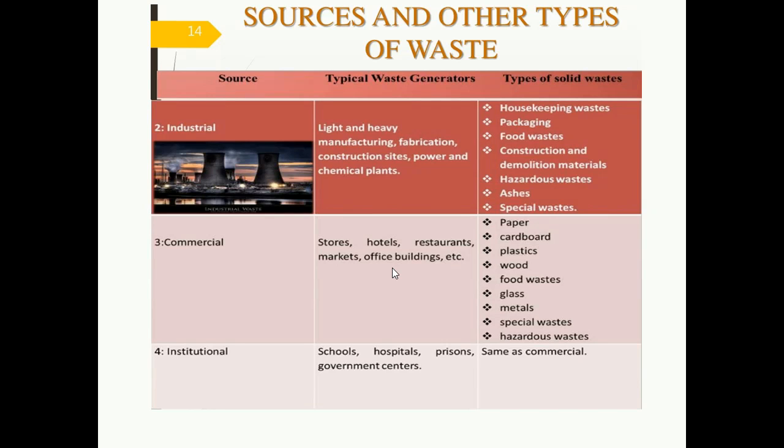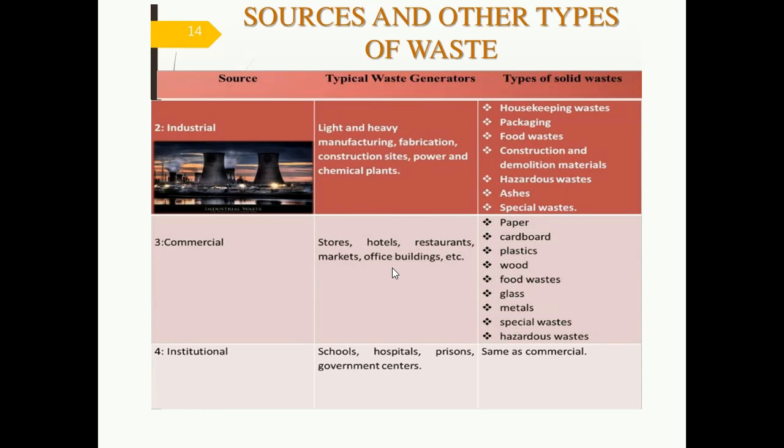Types of solid waste in industrial sources are housekeeping waste, packaging waste, food waste, construction and demolition materials, hazardous waste, ashes and special waste. Here the second source type is the industrial source, and the second types of solid waste are industrial source solid waste.